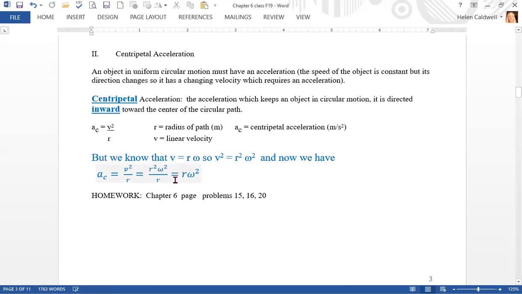So one of the r's will cancel, and we're left with r omega squared. So here's a way to take angular velocity and a radius and get centripetal acceleration out of it. So, some problems to help you practice with that.